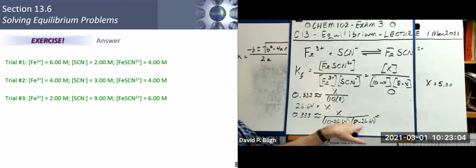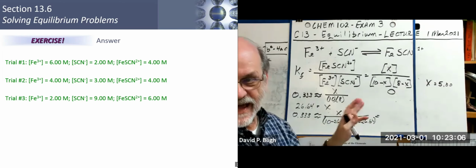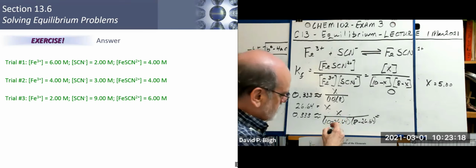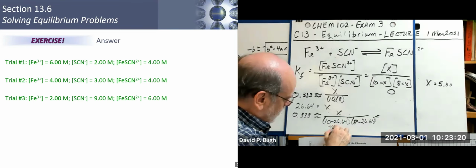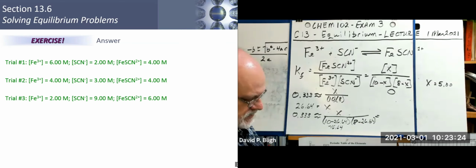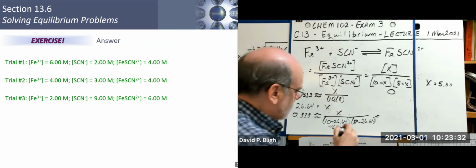Well, this is going to be a negative, and that's a negative, so we're okay on the signs. It'll be a positive number. So let's say 10 minus that one is minus 16.64. And then 8 would be minus 18.64.